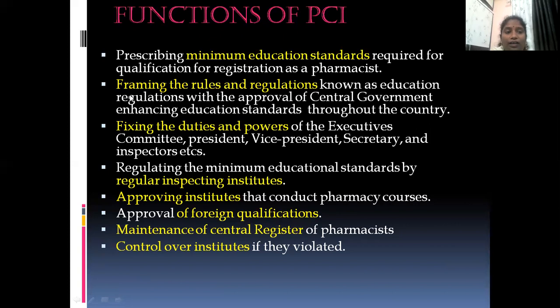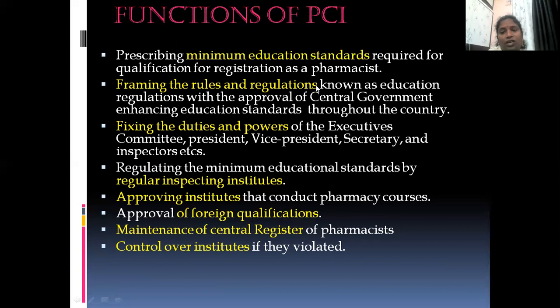Okay, not only that, framing the rules and regulations known as the education regulations, with the approval of the center. They are fixing the rules and regulations, the duties and powers.